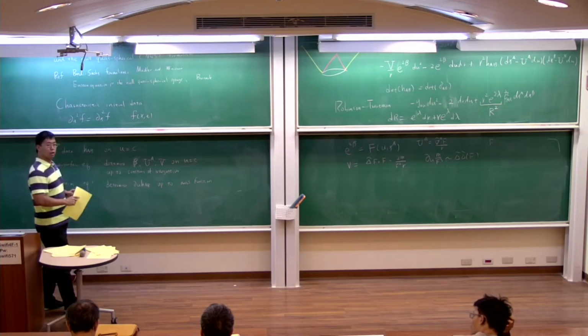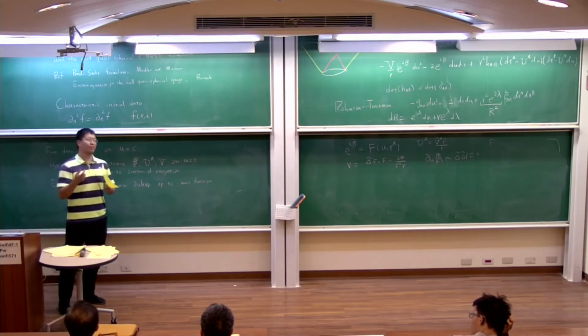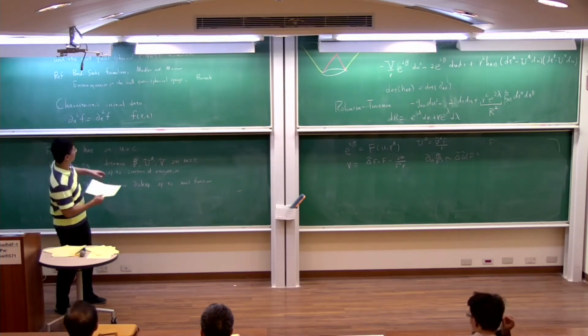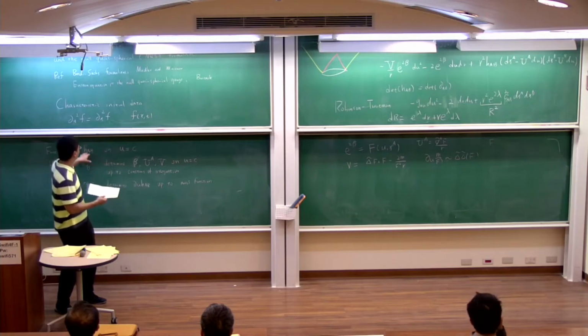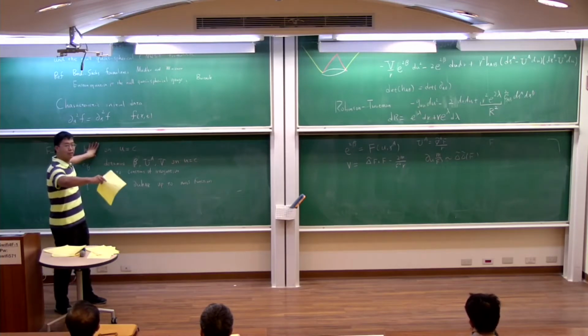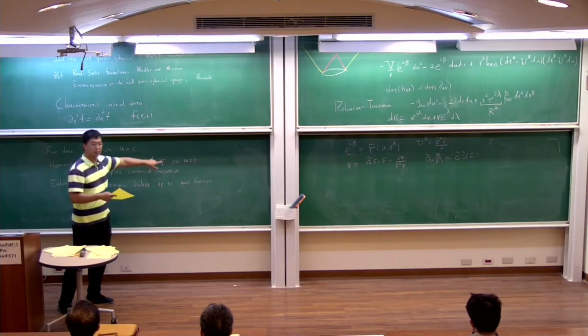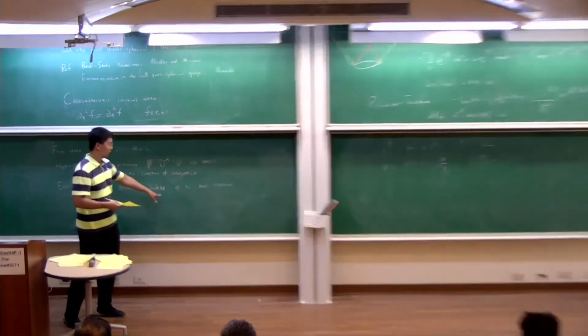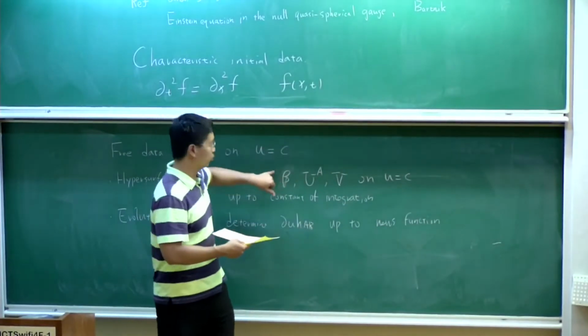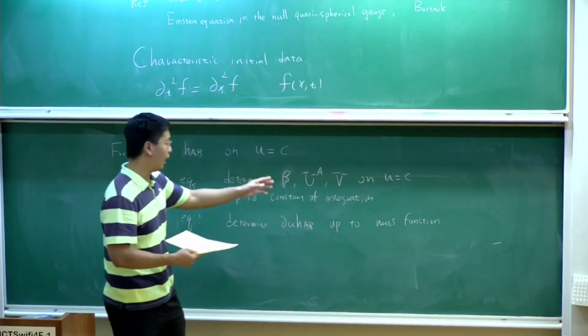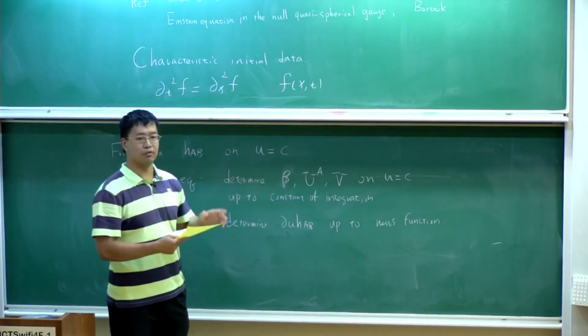Okay, and you can imagine, at least numerically, h_AB is chosen freely on a null hypersurface. These tell you how to determine the other ones, and then these in turn through evolution can tell you how this changes, and then this tells you the derivative of this, and you can go on up to constants of integration.